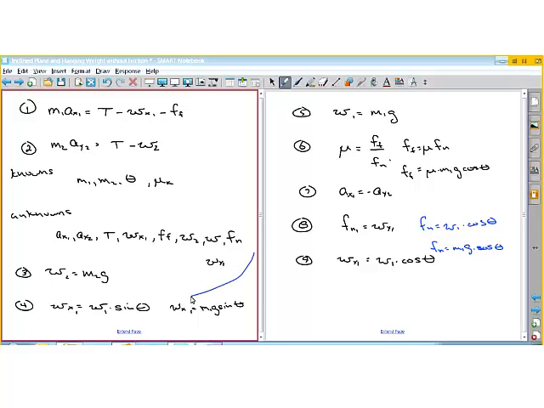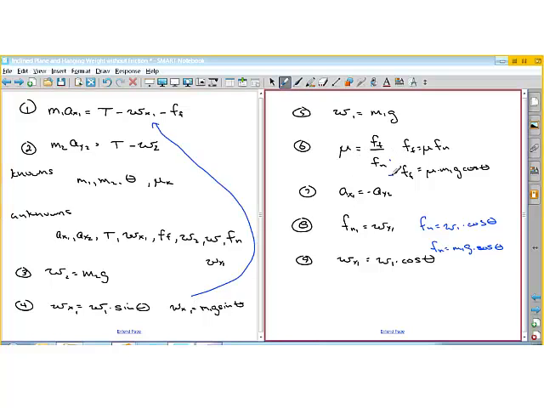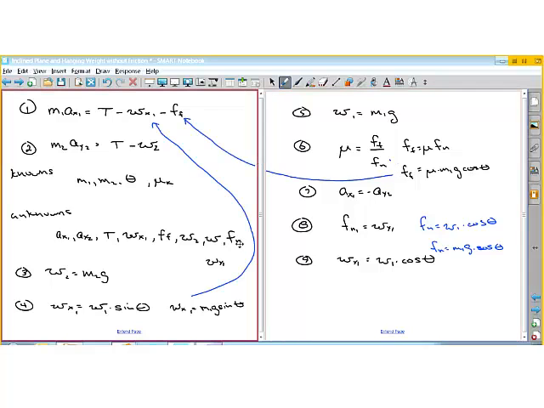So let's draw some arrows now. So that's going to go here. This is going to go there. T I don't solve for, and W2 goes there. So I think once I make all the substitutions, I'm going to have 2 equations, and I'm going to do it right down here so I can see it all.